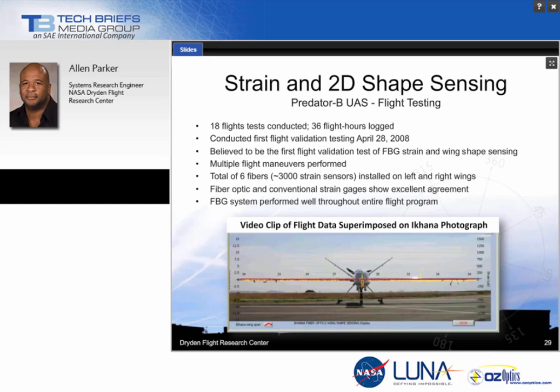We call it an all blue, all brown, all blue, where the pilot would pull back on the stick and then push forward on the stick. The upper chart shows data in the yellow, which represents the strain distribution along the left and right wing, and data in the red that shows the actual wing shape. So let's play that video now.